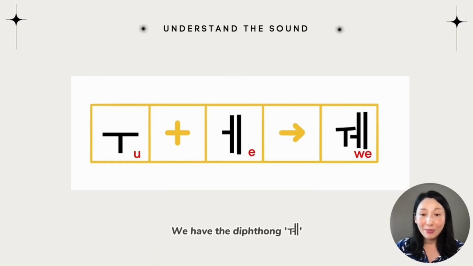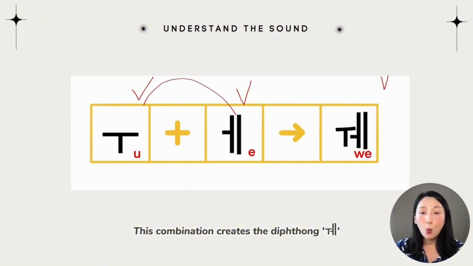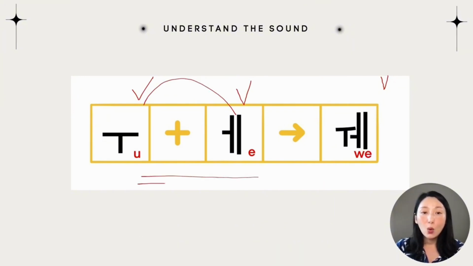We have the diphthong we. The diphthong we starts with the sound U. The U sound smoothly transitions into A sound. This combination creates the diphthong we.